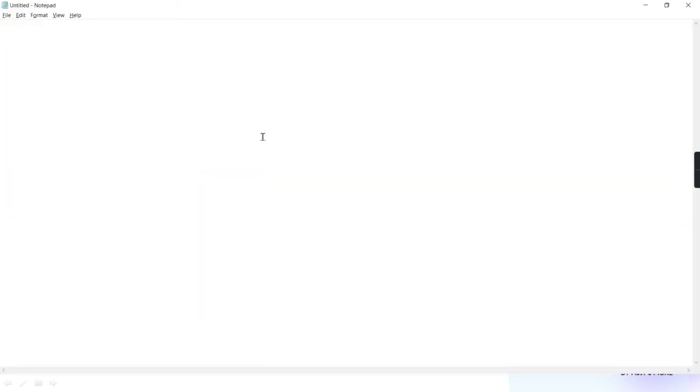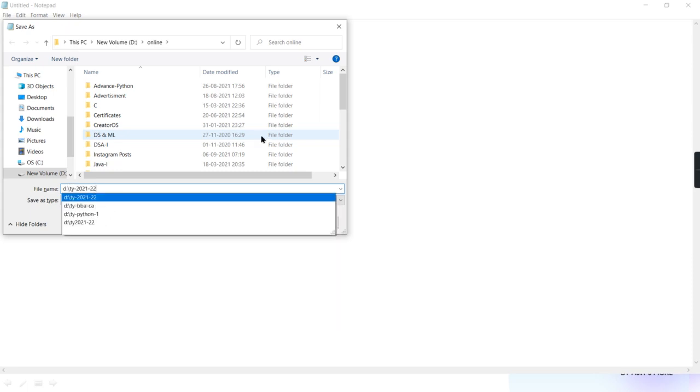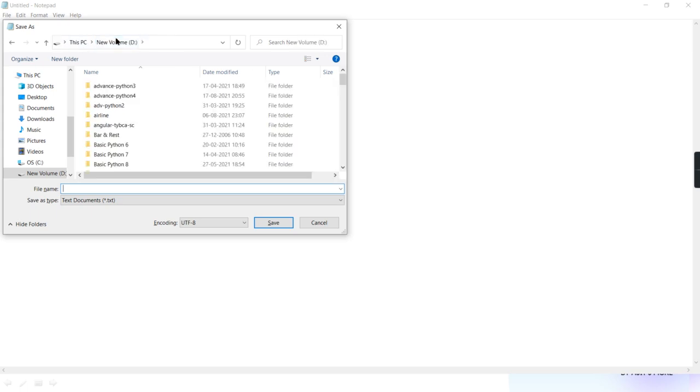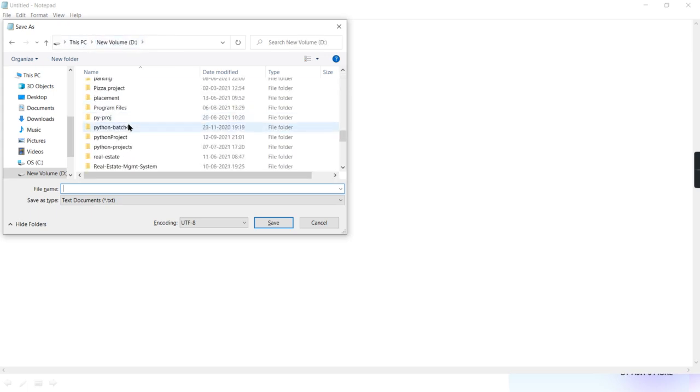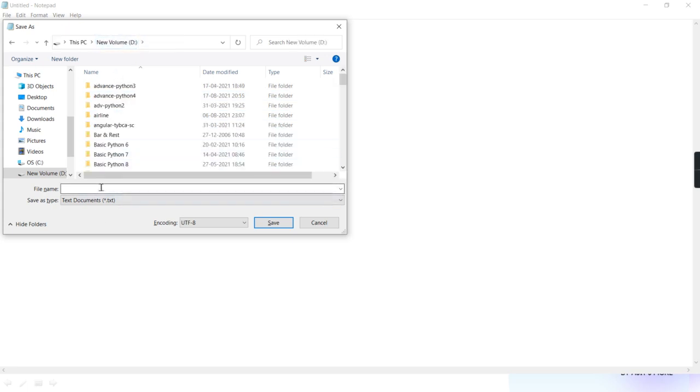Okay, quickly we can see one very simple program. Our folder is TY 2021-22, I guess. All the Java programs are this way.